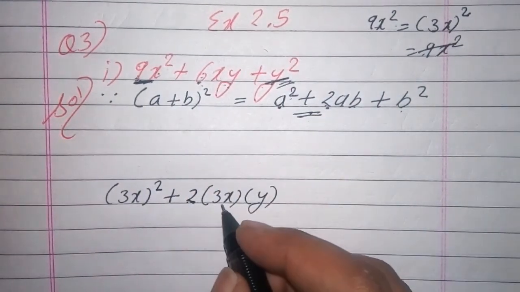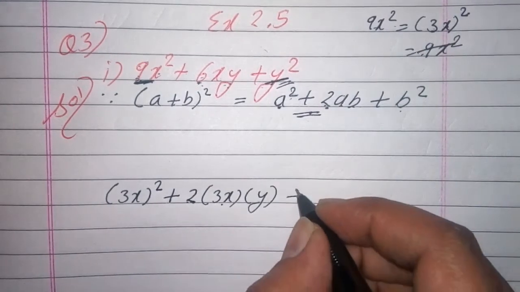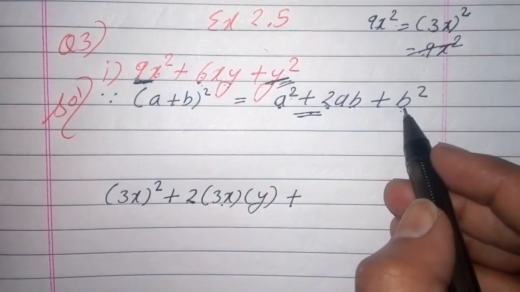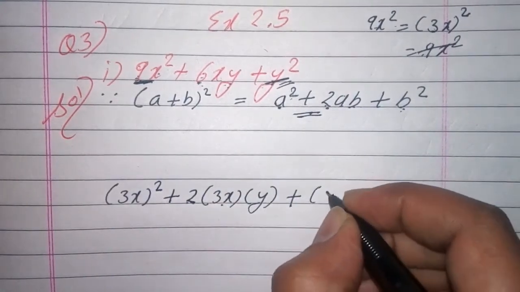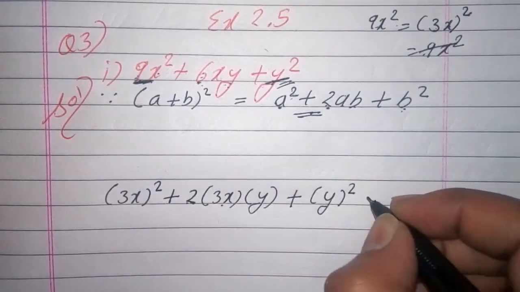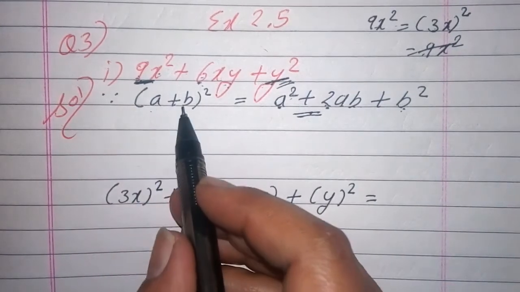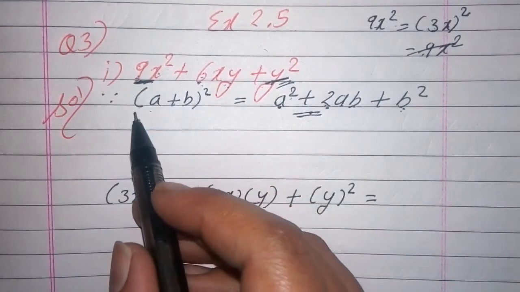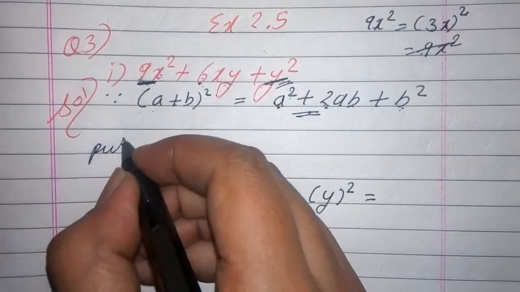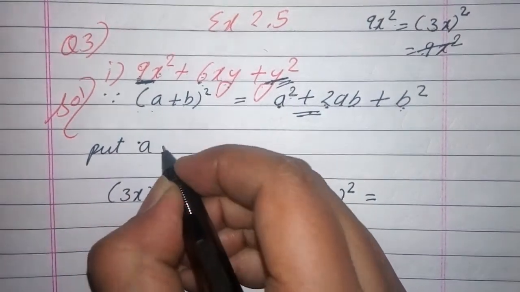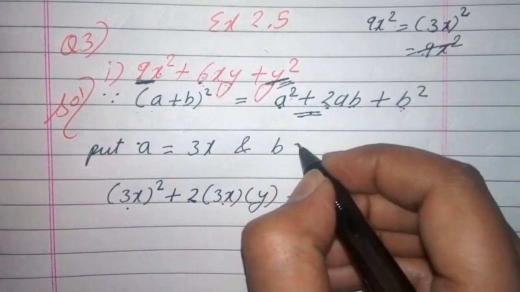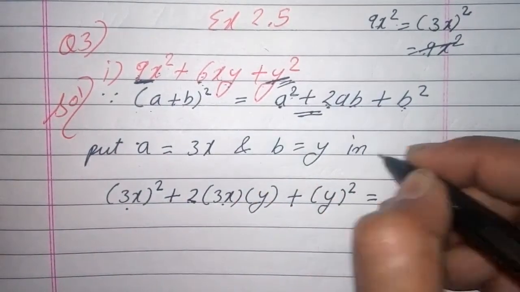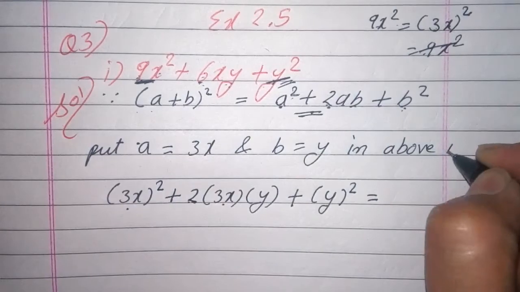So 2 into 3x into y, plus y square. y square is b square, so the value of b is y. This equals (a plus b) whole square. Now we put a equal to 3x and b equal to y in the above identity.